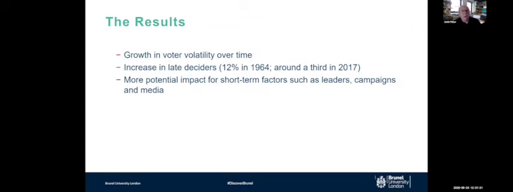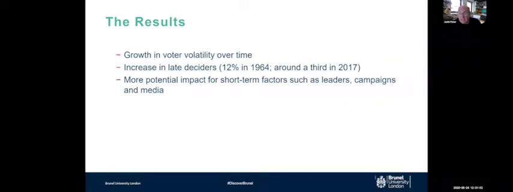These are people who say that they made their mind up about how to vote during the campaign itself, what we call the short campaign, the point from which Parliament is dissolved up until polling day, which is usually around 5 weeks. Now, these data are captured in the British election study.